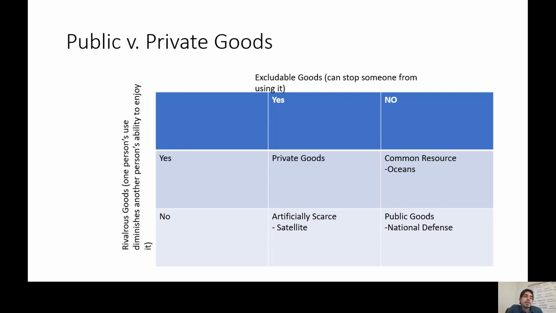And we said that there are two different characteristics that go into determining whether a good is a public or a private good, and specifically whether government intervention is potentially needed to produce or regulate that good. And so we said this is not a payoff matrix, right? This is not a game theory type example, right? This is just an organizational tool that I'm using to help us classify types of goods, right?